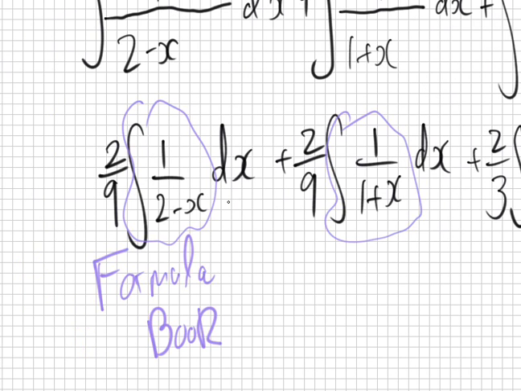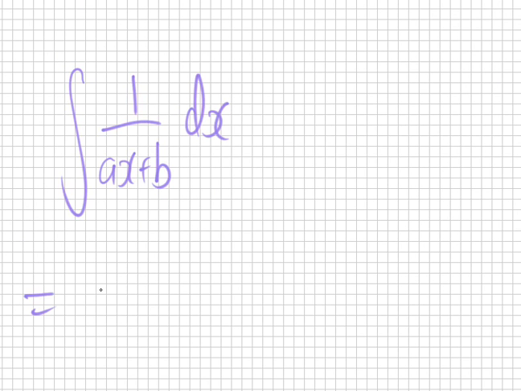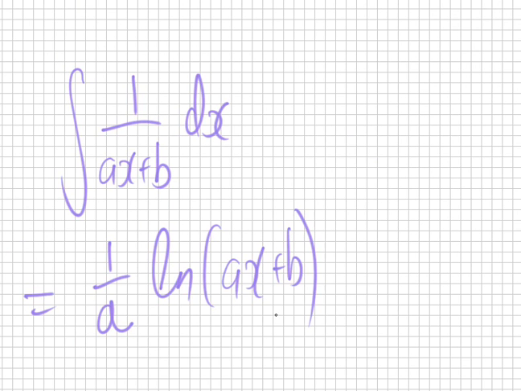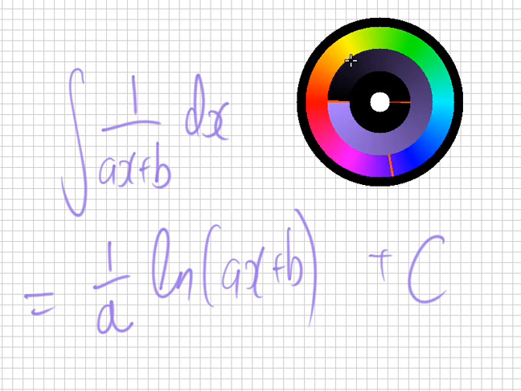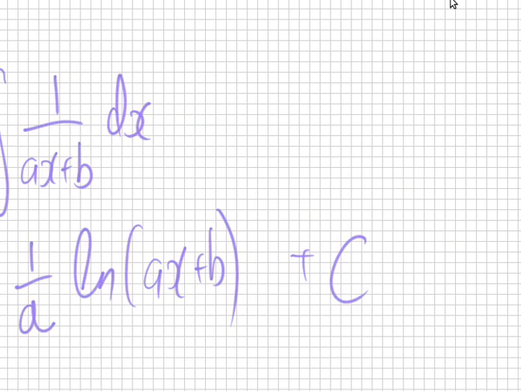In the formula book you'll see a formula like this: 1 over AX plus B, it was actually from semester 1 as well. That's equal to 1 over A log AX plus B plus a constant. That's in the formula book.